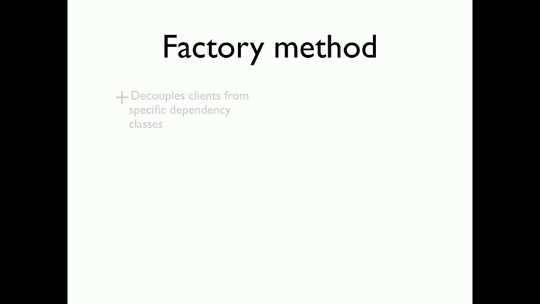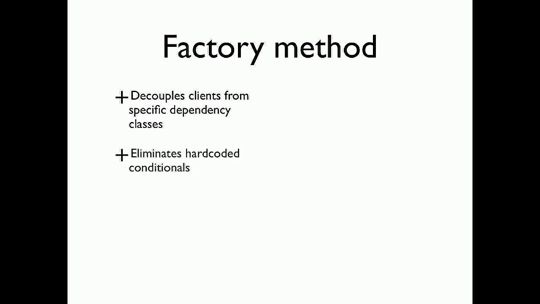So the factory method can be summarized like this. It decouples clients from specific dependencies. So our pizza test drive doesn't have to know what dependencies a New York or Chicago style pizza store has, and we can refactor that hard-coded conditional in the original dependent pizza store.